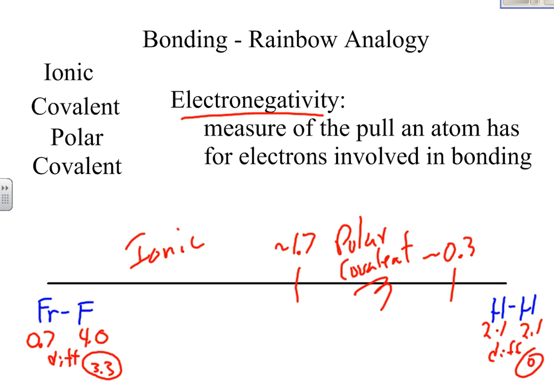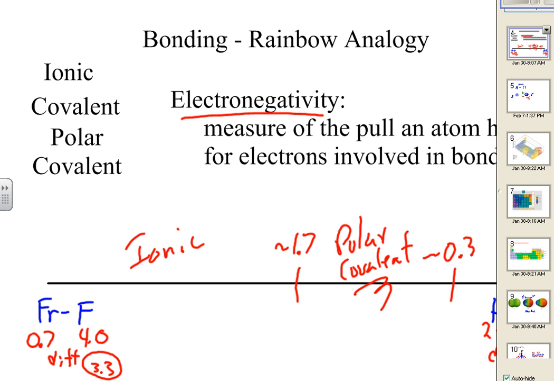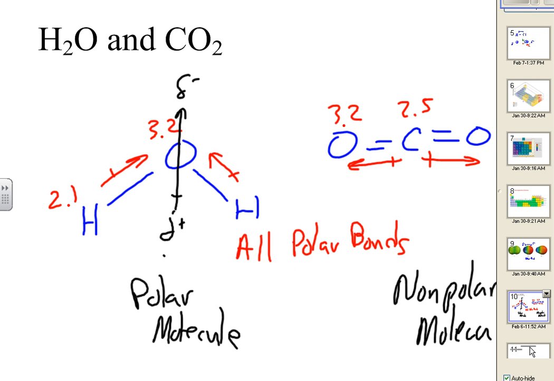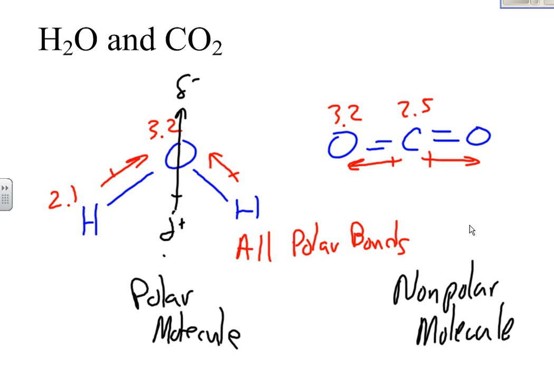Okay, now going back to this picture here then, ultimately this is where we want to get to. In the water, the bonds between the hydrogen and the oxygen are polar bonds, right? Difference of 1.1. In the carbon dioxide, again polar, difference of a little bit less, 0.7.